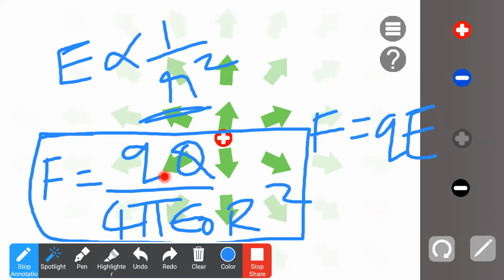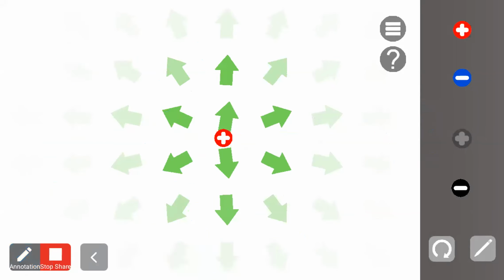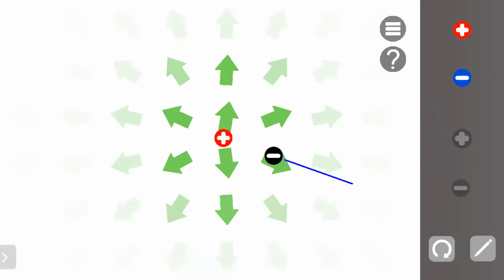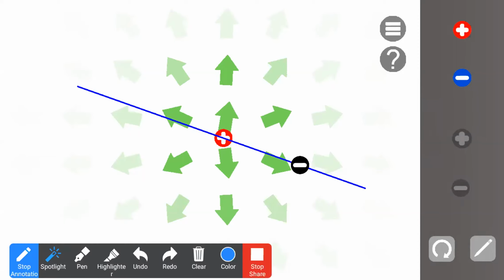So now I will go to Coulomb's law. Before going to that, shall we observe one more thing? See, if positive charge is already there and I place a negative charge, what is happening? It is just oscillating. It cannot go away because it attracts.